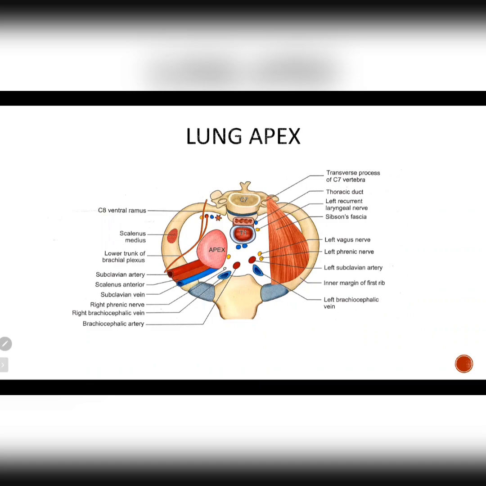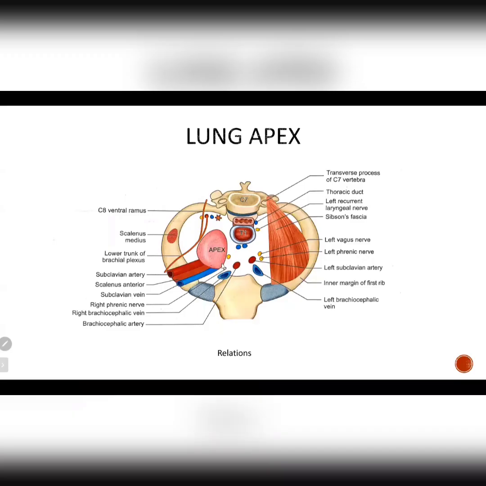I think class was taken for mediastinum? Yes, ma'am. So make sure that you revise the contents of the anterior, middle, and posterior mediastinum, because that will help you remember the medial relations of the apex of the lung.